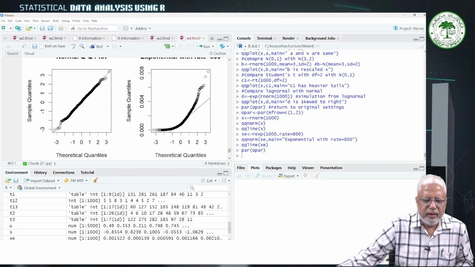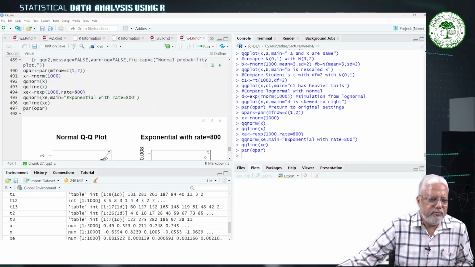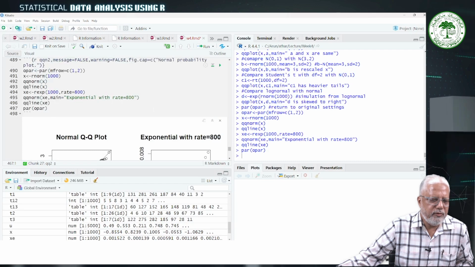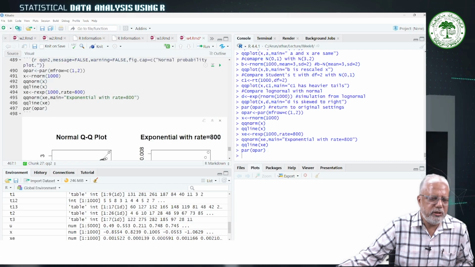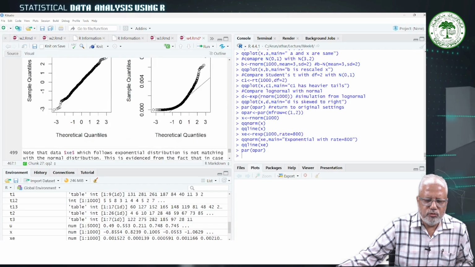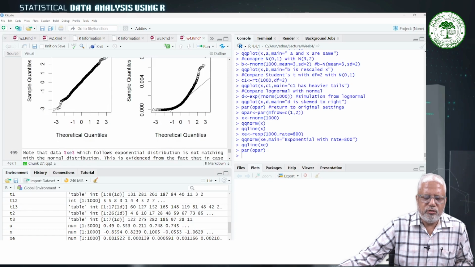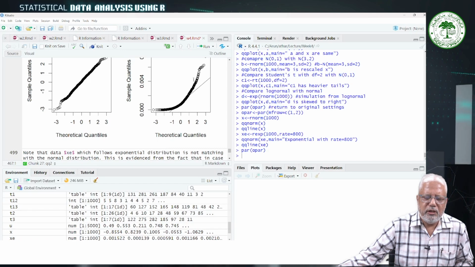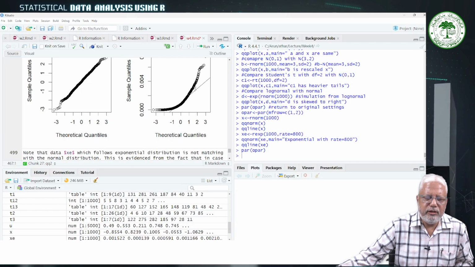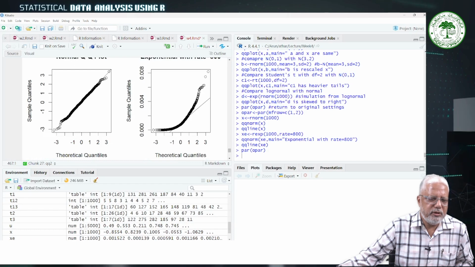Here the sample quantiles are from an exponential distribution, while the theoretical quantiles are from the normal distribution. So, they are not matching, and that is why y is equal to x is not satisfied. It should be like here, where the line matches with the trend.